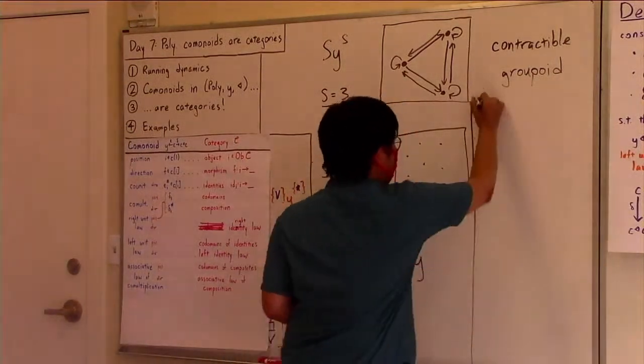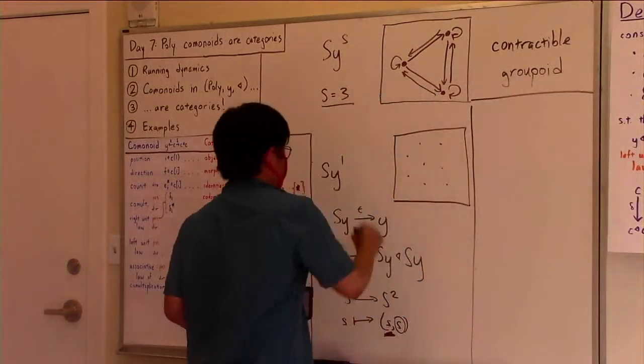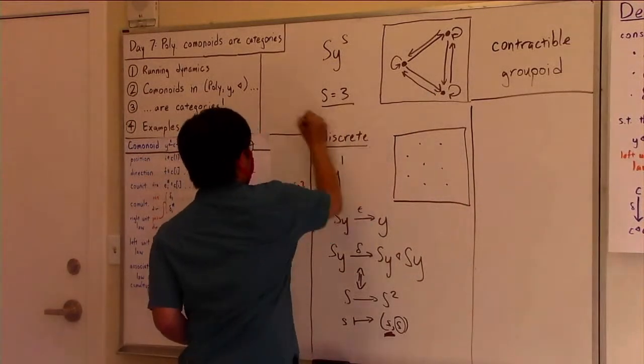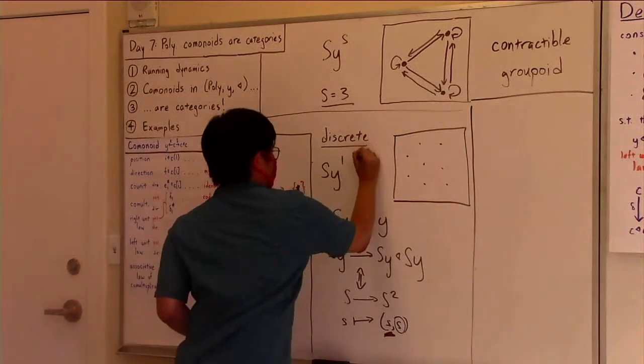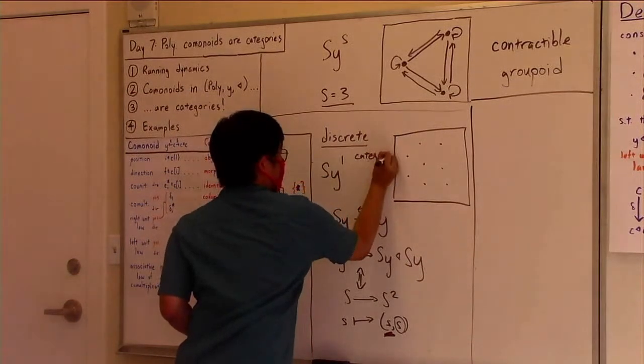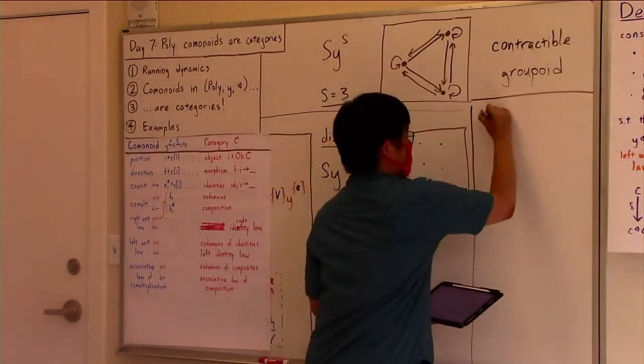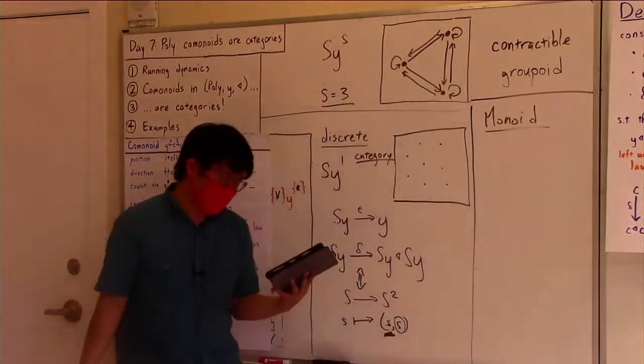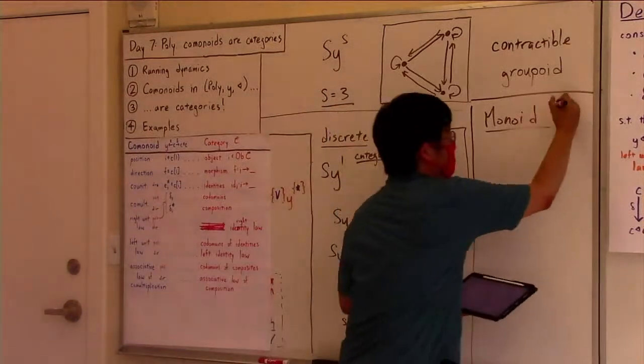Another very simple kind of category is, sorry, I should write, this is a discrete category. Another very simple category is the monoid, which is just a one-object category. Now, these are monoids in set.